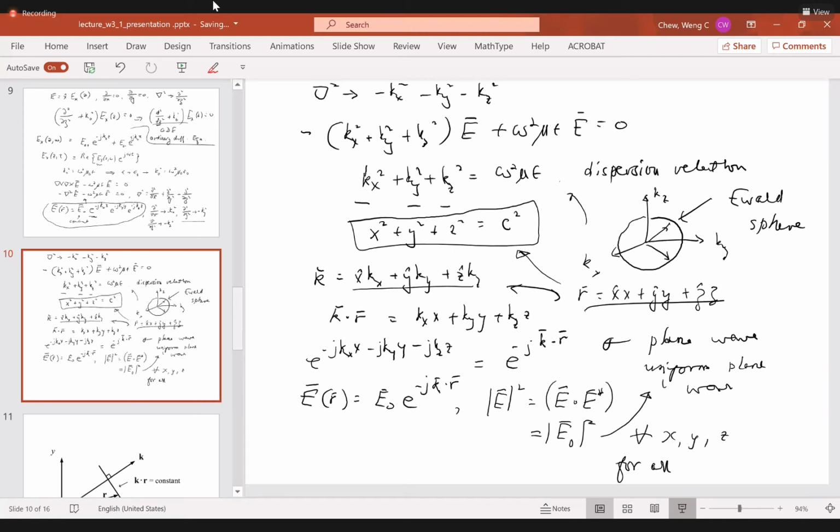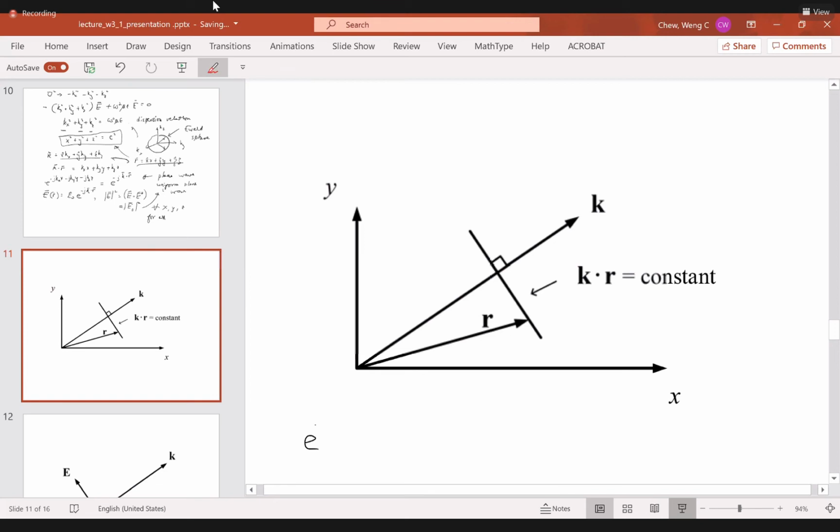There's another very interesting thing about uniform plane waves. If you think of it as being R, something like this, and this is your E. If you were to pick a plane in 3D space, and for simplicity we just look at the 2D space, we pick the position vector R. This position vector R is x plus y.